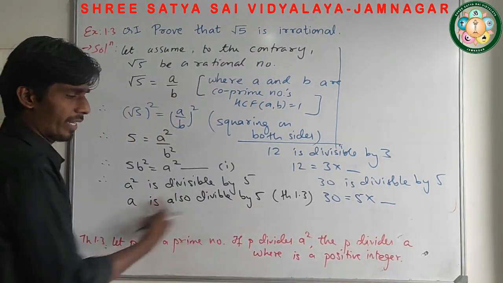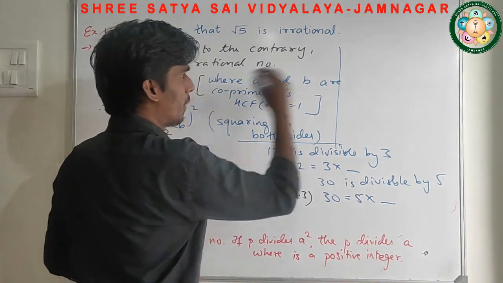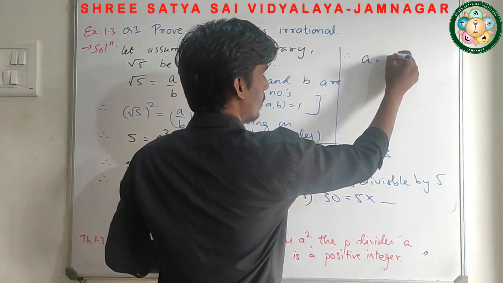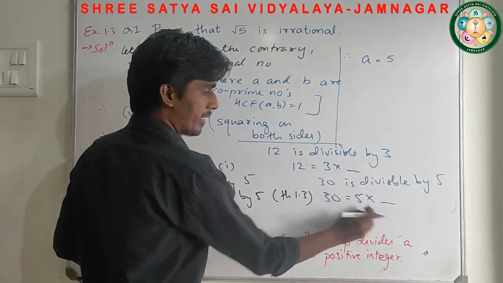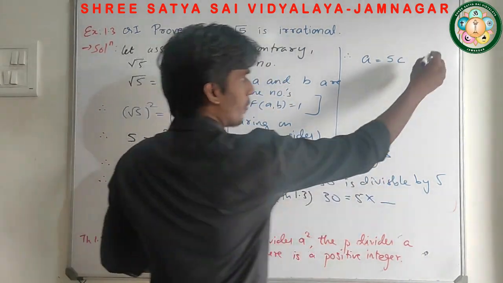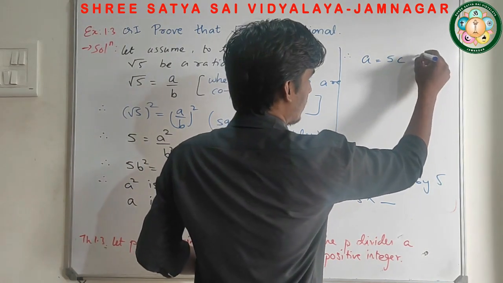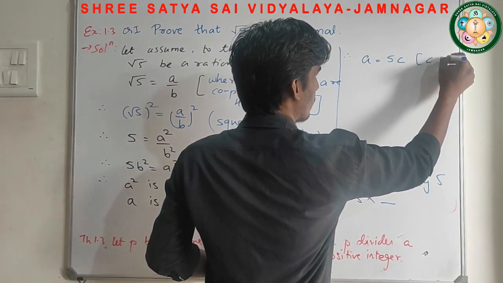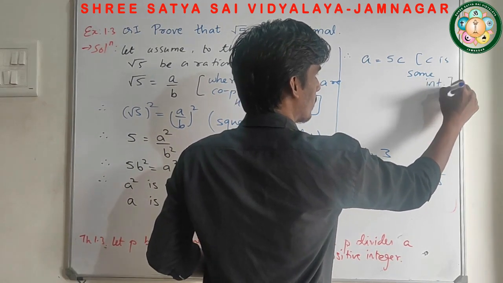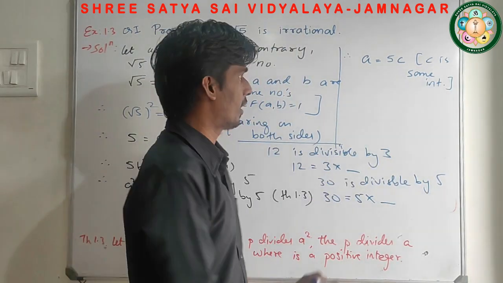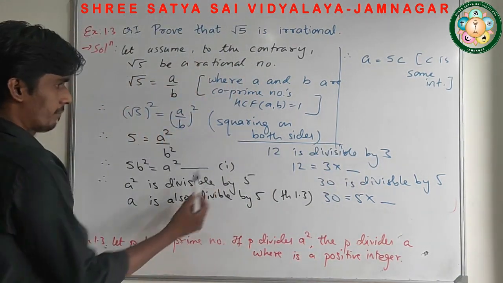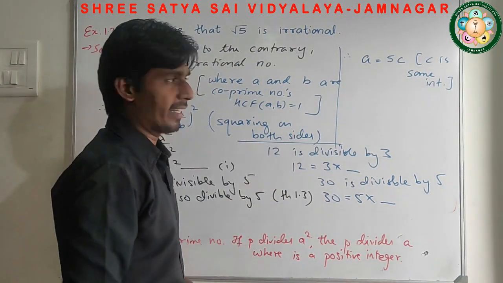But as it's a variable, what I'm going to write is that a is equals to 5 into something. So I'm going to take that as small c, where c is some integer. c क्या है? कोई भी integer होगा. a is equals to 5 into c. Now from 1. Now squaring both the sides again.